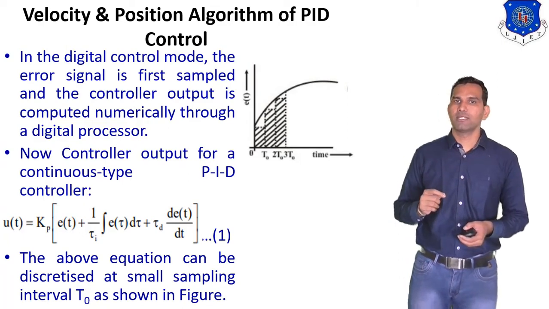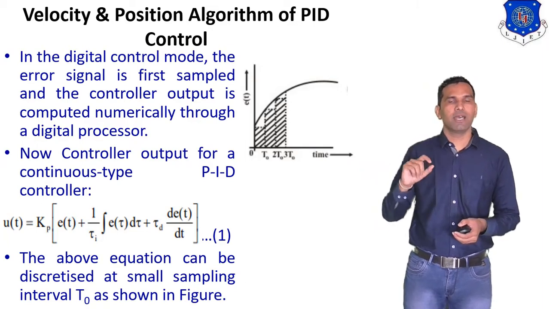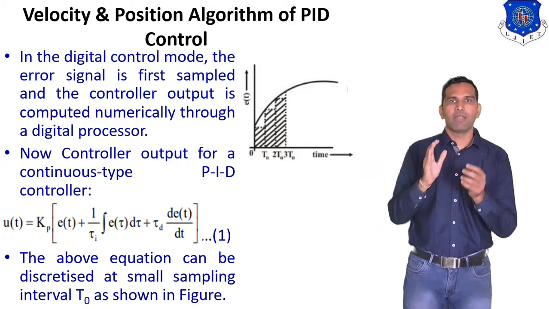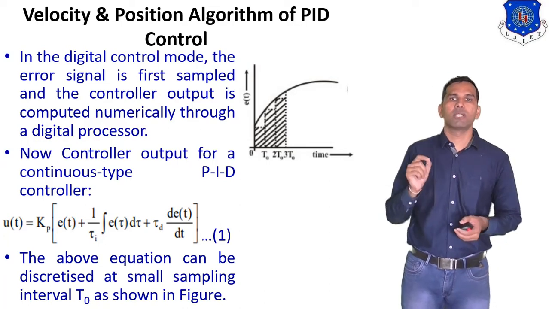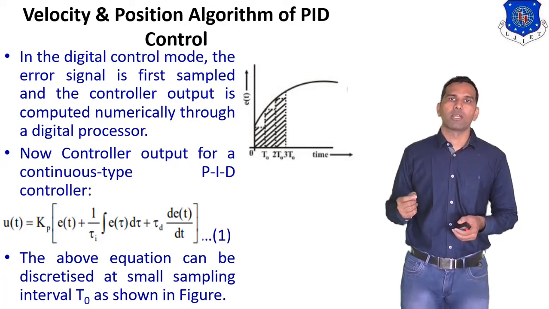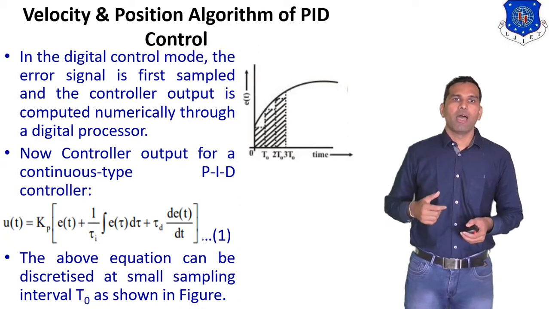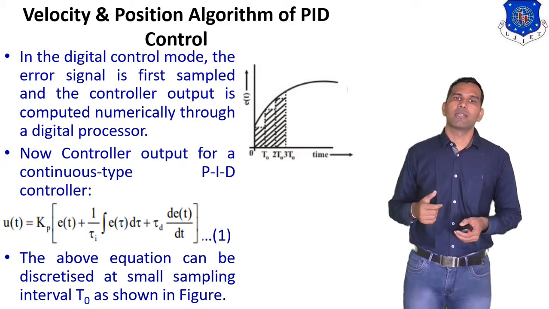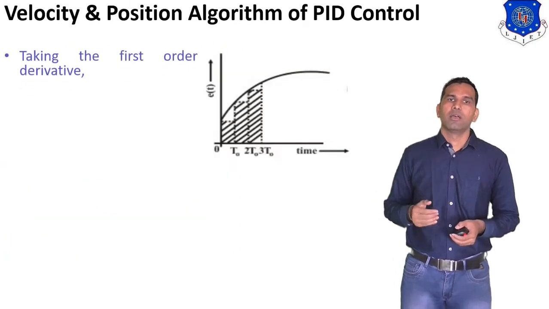Here we can see the graph of the error. This e(t) indicates the error signal, and we divide it into time intervals t0, t1, t2 accordingly. Here Kp represents the gain and e(t) indicates the error signal.